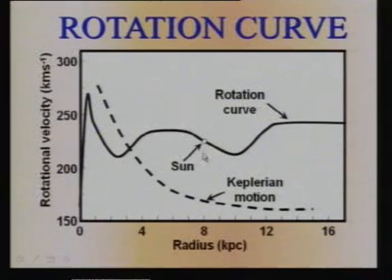Now, the problem is this: if we assume the whole mass to be concentrated at the center, then all these objects should have Keplerian motion as shown by this dotted curve. But you can see that the rotation curve does not agree with this Keplerian motion.